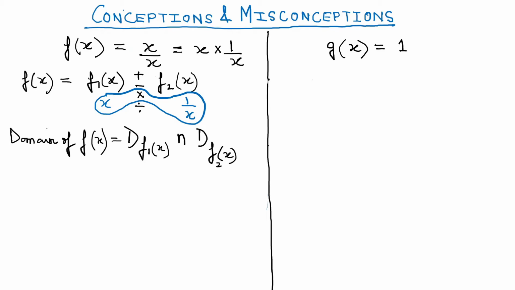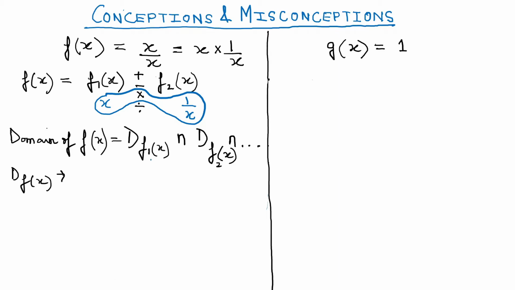If we had a combination of 3 or more, in that case we will take the intersection of all the domains of f1, f2, f3, all those functions which are responsible in forming the ultimate function, which is f(x). So in this case, when I'm trying to figure out the domain of f(x), what will it be? Let's try and figure it out.